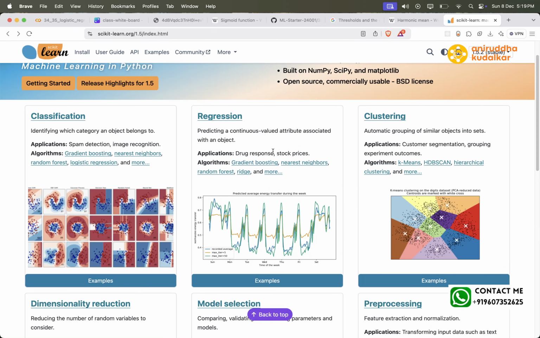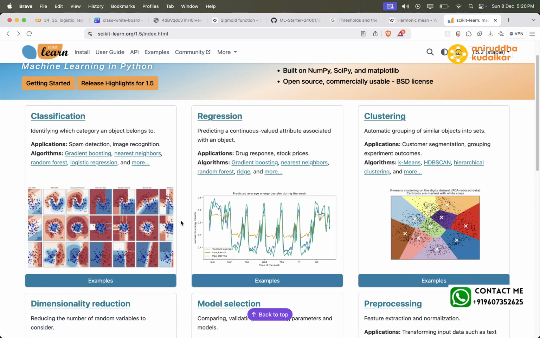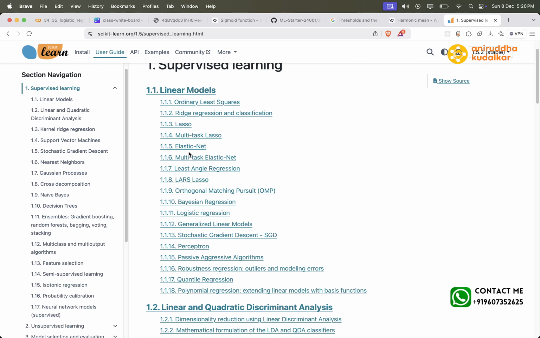But until and unless you get mastery of whatever we have done so far, don't move ahead. So basic classification is logistic regression, but under classification there are many models. If you can see, ordinary least squares, ridge regression, lasso regression, multitask lasso, elastic net, multitask elastic net, quantile regression, logistic regression, Bayesian regression, least angle regression, passive aggressive algorithm.